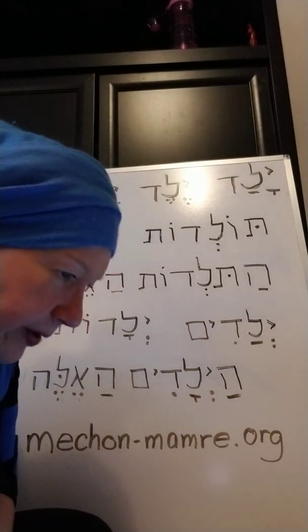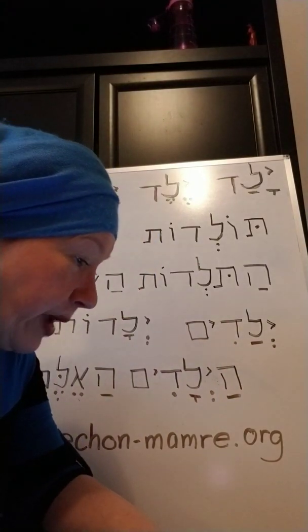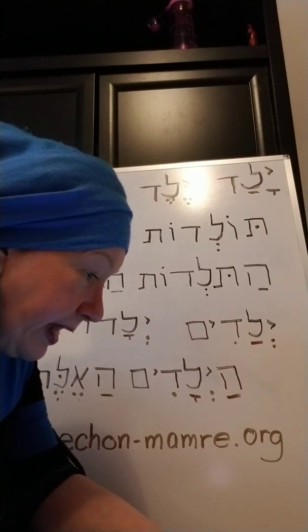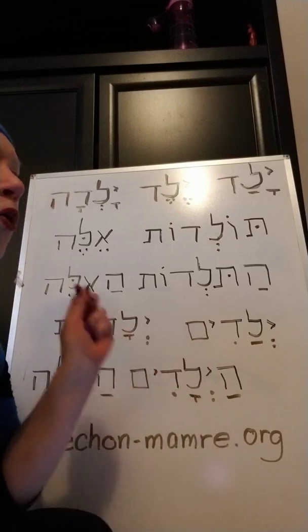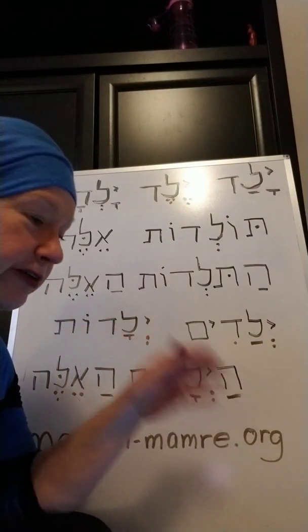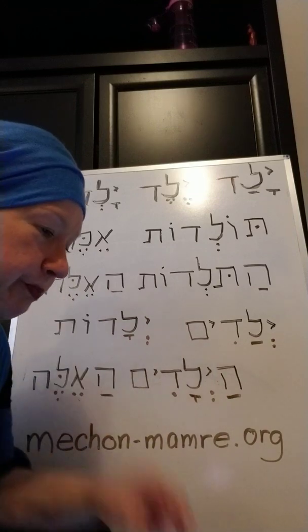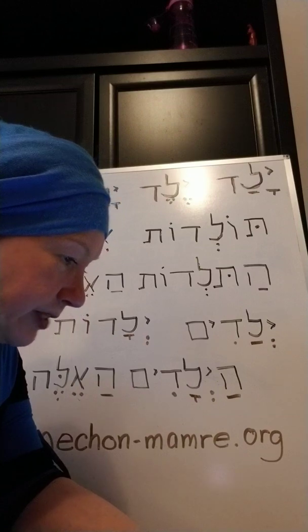So anyway, okay, so Perez, and then you have holid et Hetzron, because when you have a proper name or a noun with the ha in front of it, you have to have the et marker. So Peretz holid et Hetzron.